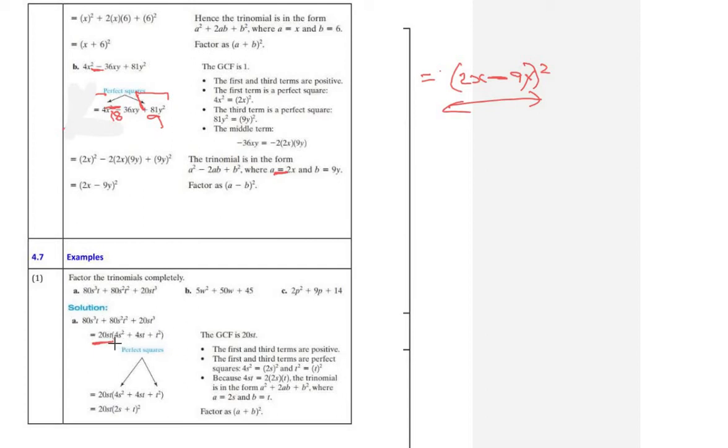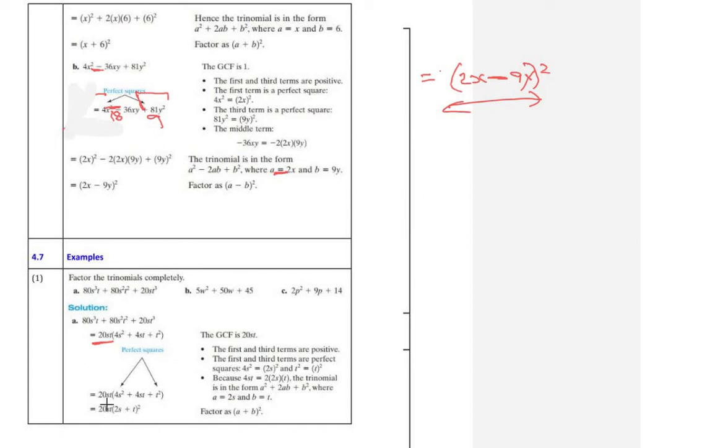Now I can test. Square root of 4 is 2. Square root of 1 is 1. 2 times 1 is 2. Double 2 is 4. So this is a perfect square because the 1 times the 2 times the 2 is giving me my 4. Okay, and then we can apply that this is a perfect square.